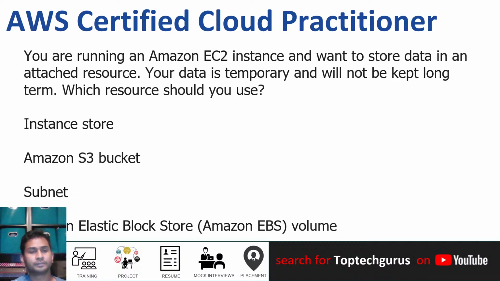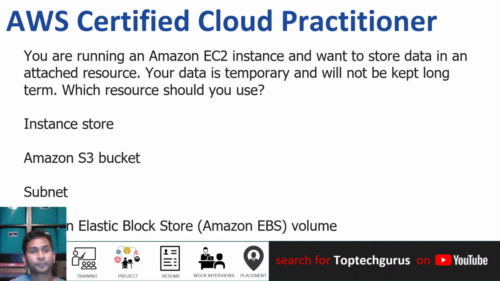Subnet is more of a networking related thing. We looked at it in detail in the last session. Within a VPC, you can have multiple subnets, and a subnet can't go beyond an availability zone. So if you have one subnet, it cannot be across two or more availability zones.